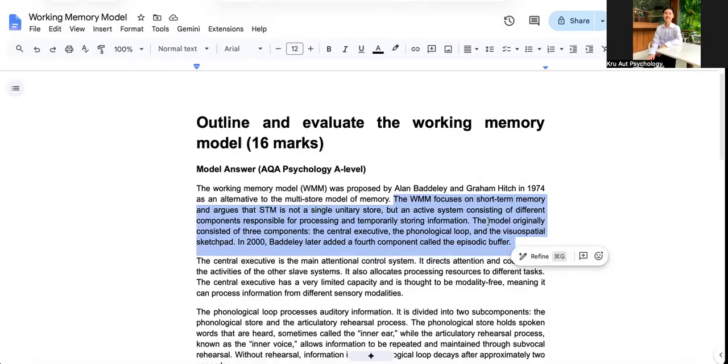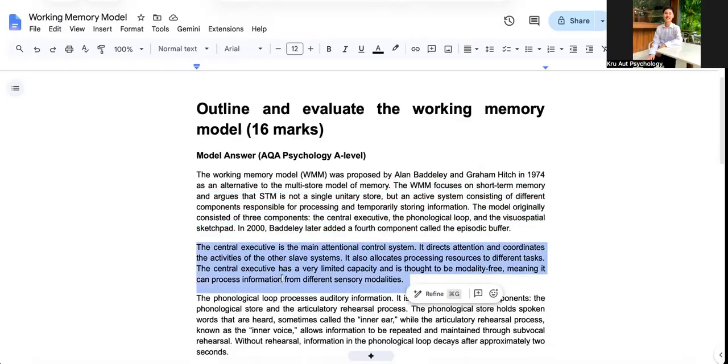The model originally consisted of 3 components: the central executive, the phonological loop, and the visual spatial sketchpad. In 2000, again we don't need the year, Baddeley later added a 4th component called the episodic buffer.